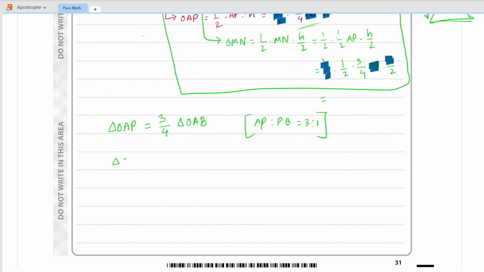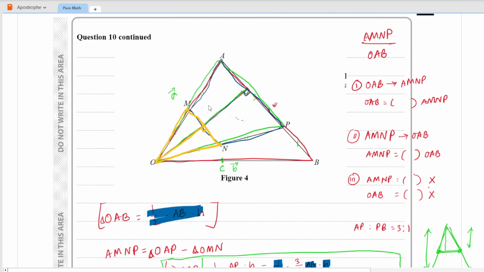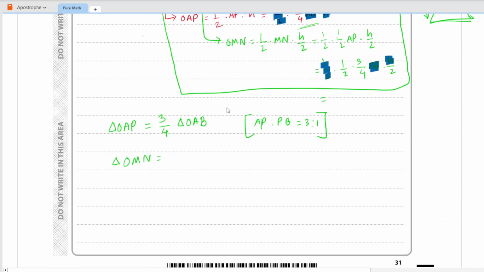Then triangle OMN is equals to, since it has half a base of AP, base here MN is half of AP, and the height here is half of the height, so we can say half into half into triangle OAP.